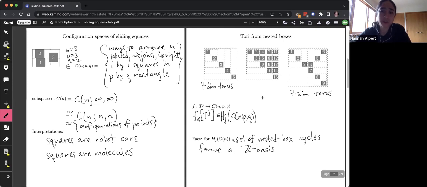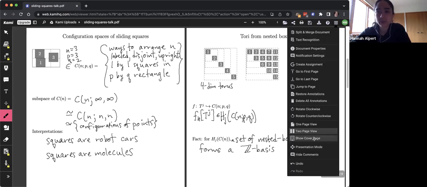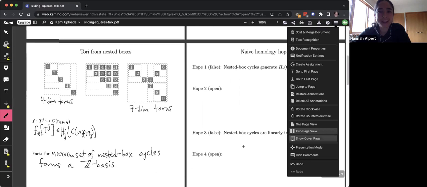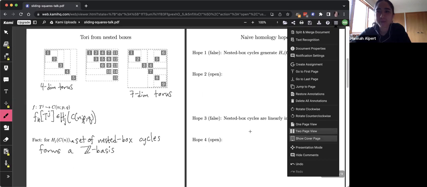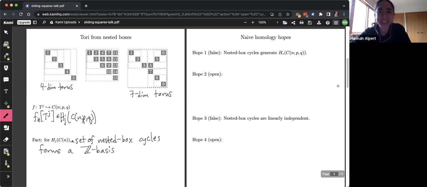And then for squares in a rectangle, it seems like it sort of should be like that, that there aren't things that are really a lot different from nested box cycles, but a lot of that is unknown. So here's a list of false and not necessarily false things that we might hope are true for bringing this situation with the whole plane into the situation where the squares are confined to a rectangle.